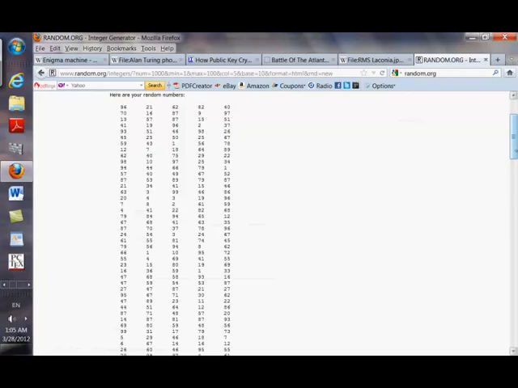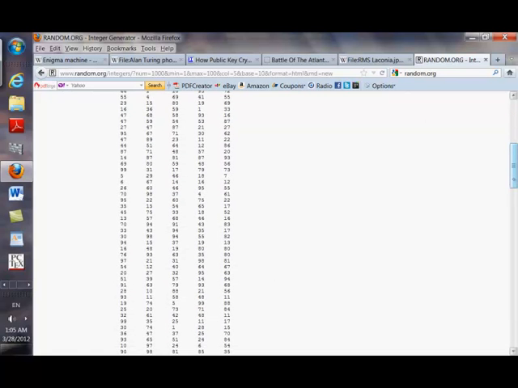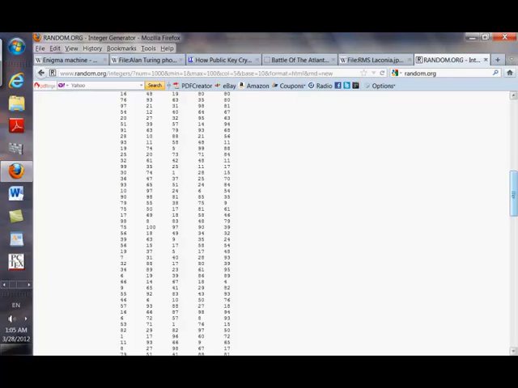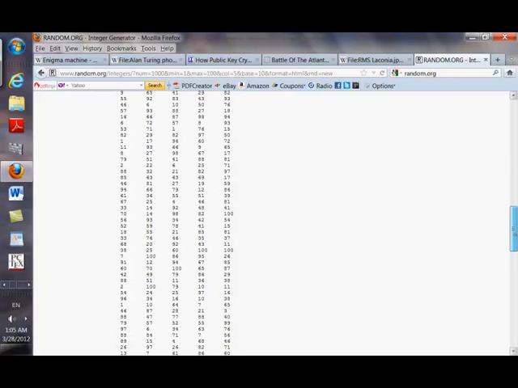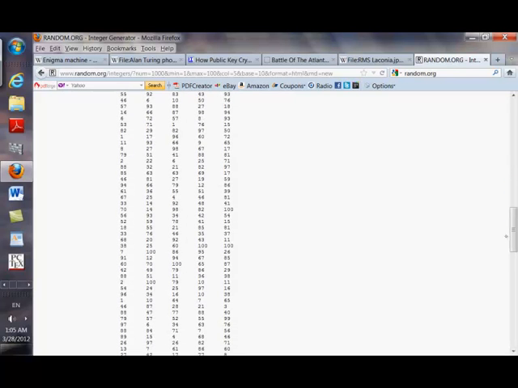If you are patient enough and you do the calculations of the relative frequency of all of those, then you should see that all of these numbers should approximately appear, since they're between 1 and 100, and I asked for 1,000 numbers, with frequency 1/10.